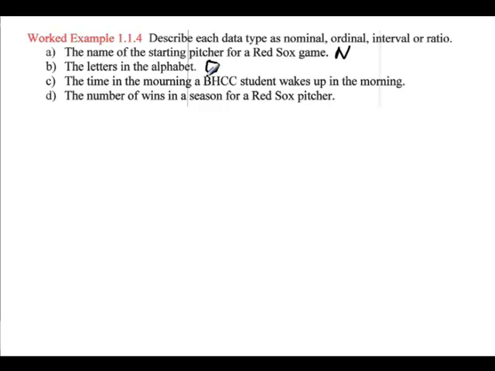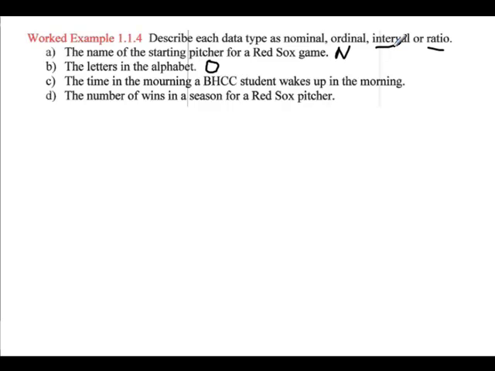The time in the morning a BHCC student wakes up. Well, here's where they kind of get tricky. Their time certainly has name and order, and it also has a numerical measurement, but the difference between interval and ratio is two things.